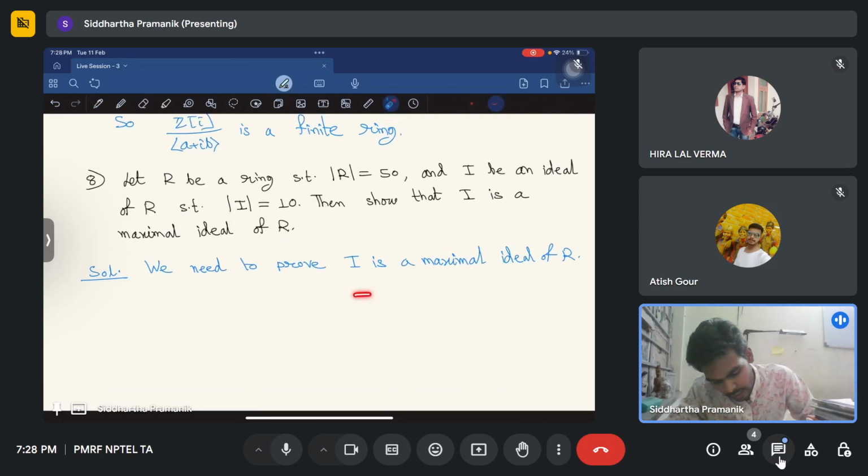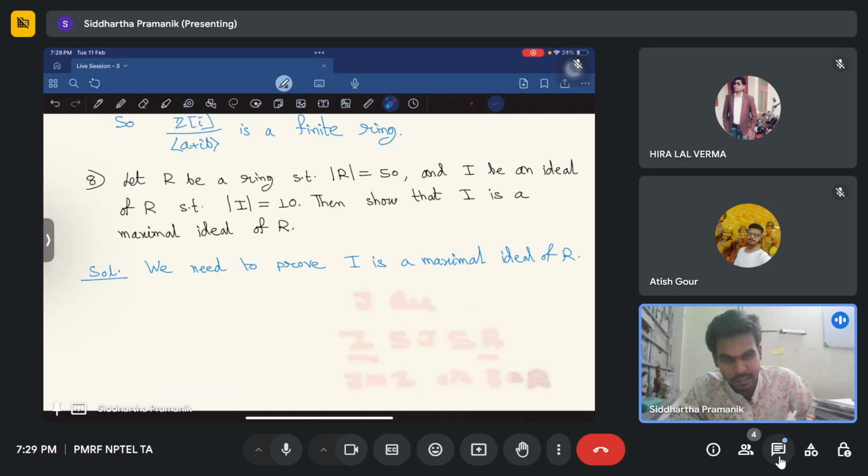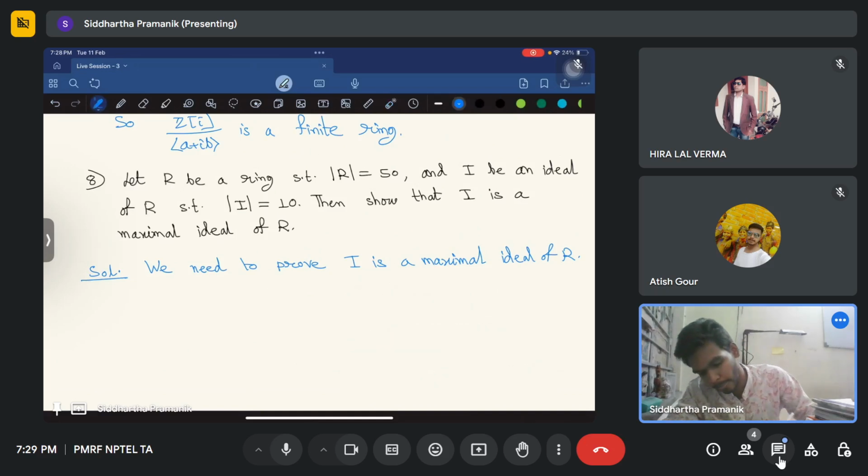If you take another ideal J such that I is a subset of J which is a subset of R, then either J equals I or J equals R. That means in between I and R, if there is no other ideal, then I is a maximal ideal. So that is what we have to prove here.